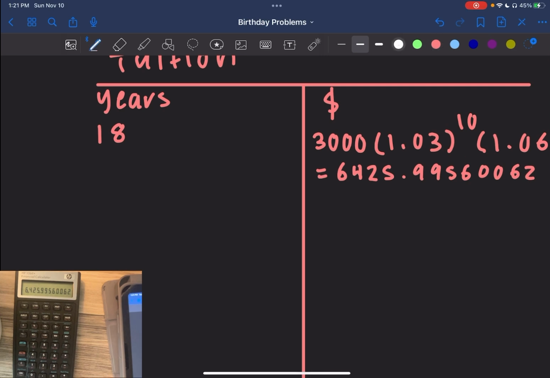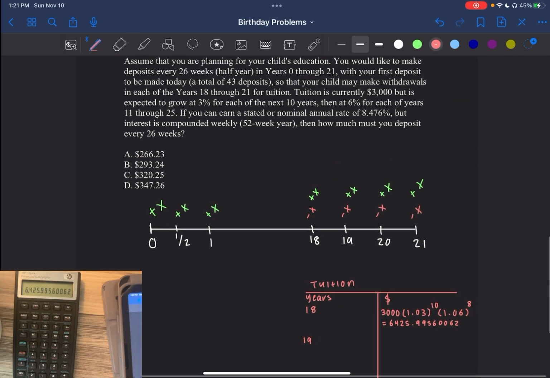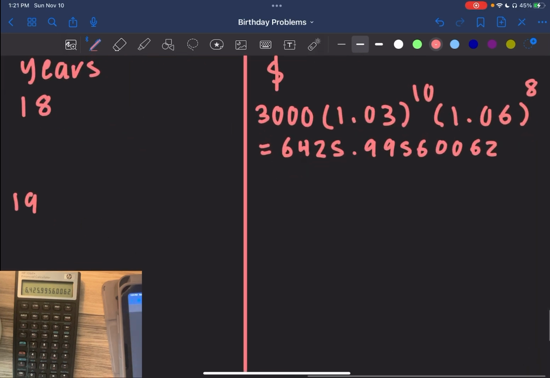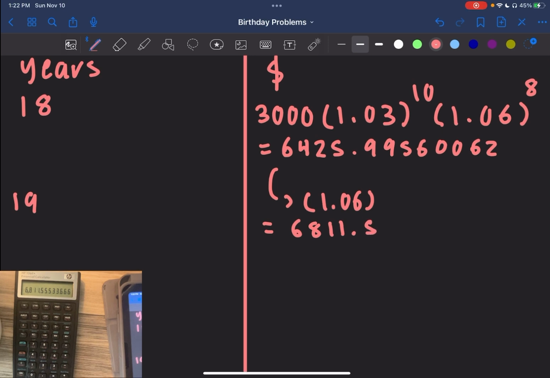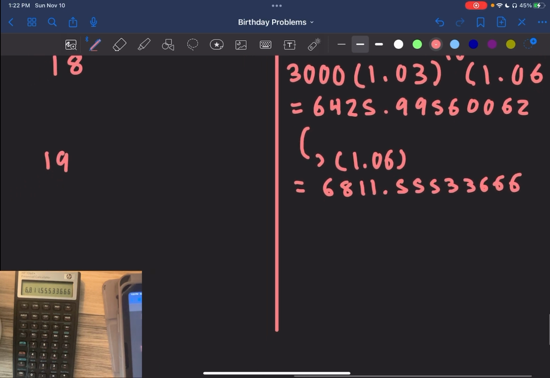All right, so in year 19, we're still only going to be increasing it by 6% because that's in years 11 through 25 and we're in year 19. So we're going to take this value and multiply it by 1.06. That's going to equal $6,811 and change. To find year 20, we're going to do the same thing, multiply by 1.06.